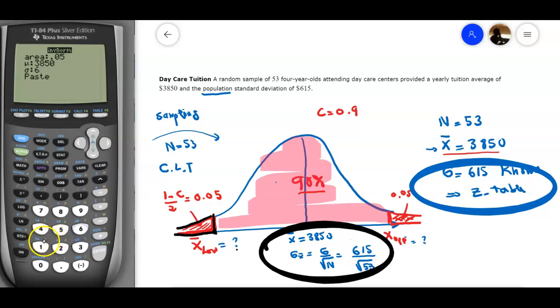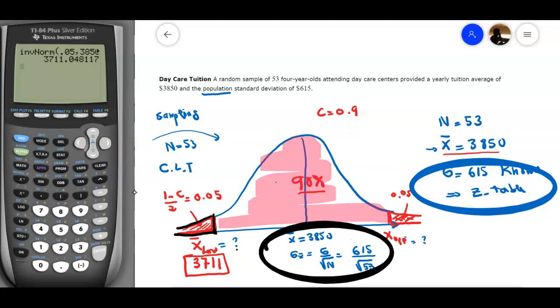So 615 divided by square root, which is second and squares here, 53, and that's all. Paste, enter, and the value that you're looking for, the lower value, is 3711. I need to round it to the closest number, so this is going to be my answer, 3711.